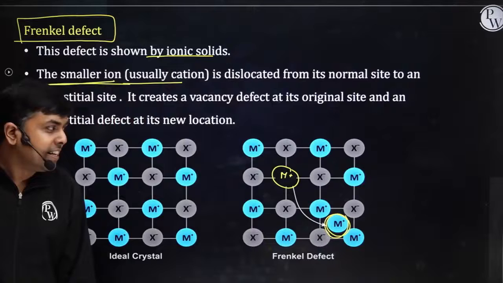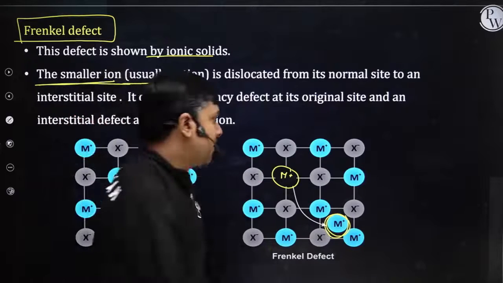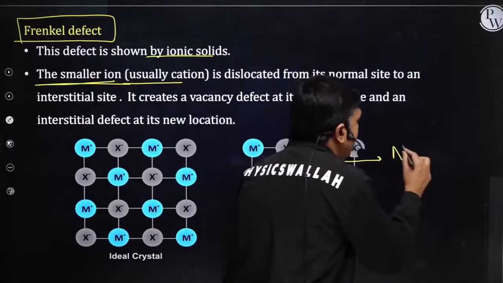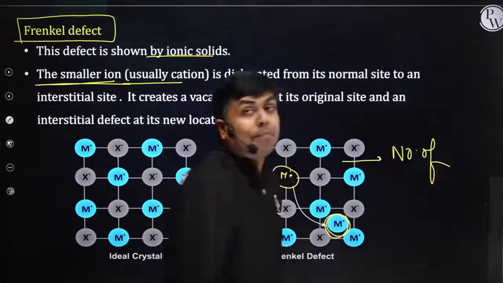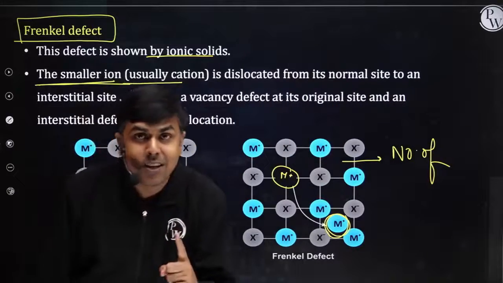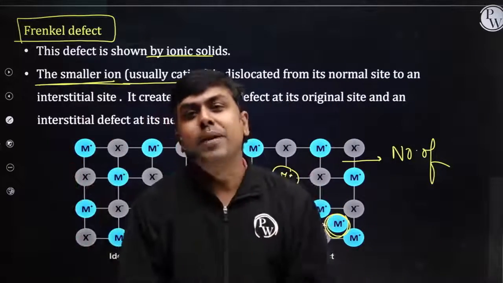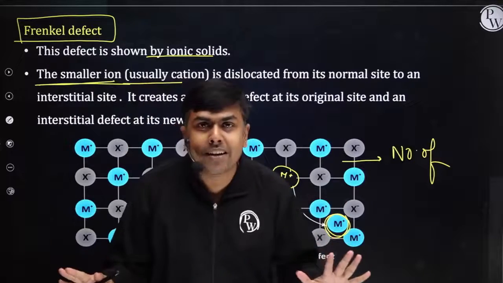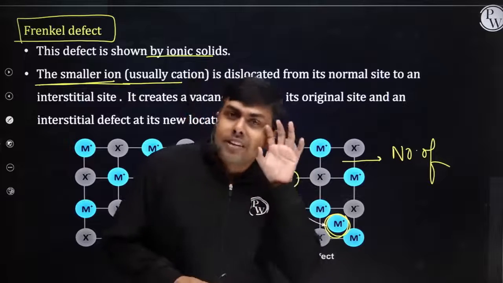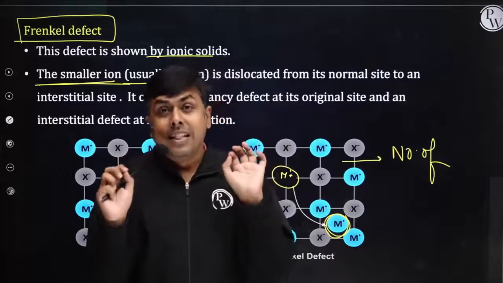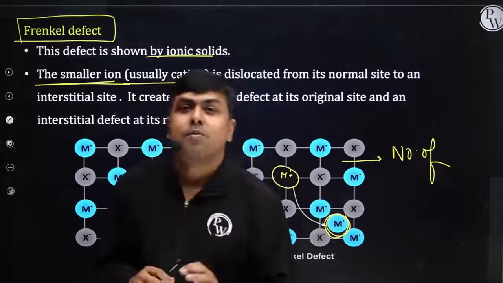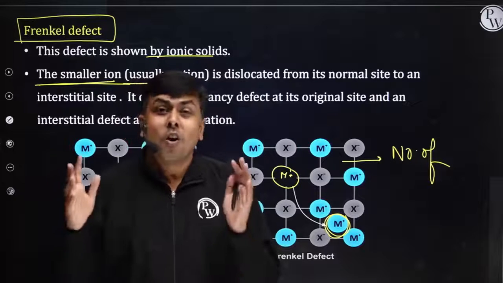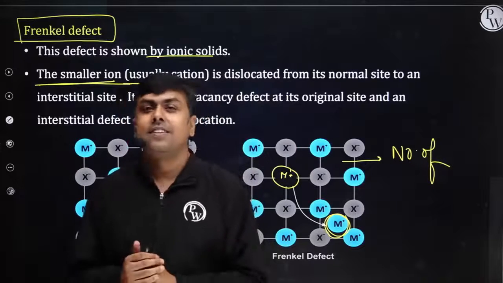Am I clear? Still, in this ionic solid, the number of cations is equal to the number of anions. So electrical neutrality is always maintained in case of ionic solid. So what happens in case of Frankel defect? The cation leaves its lattice point and gets trapped in the interstitial site.